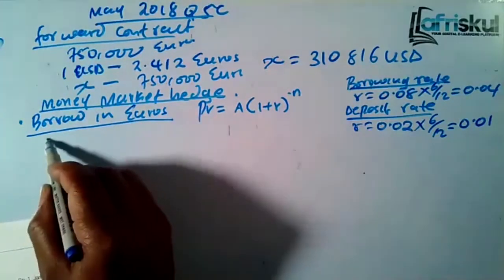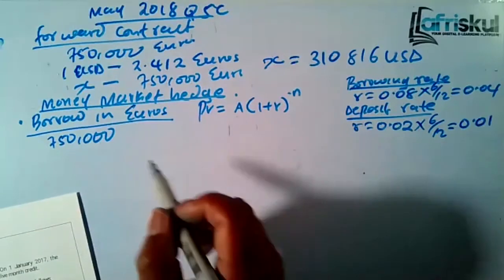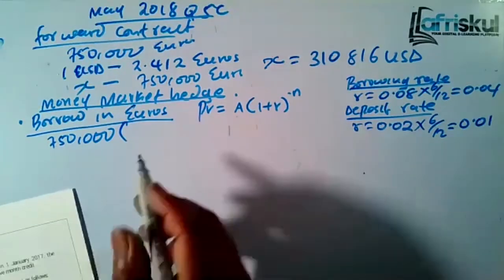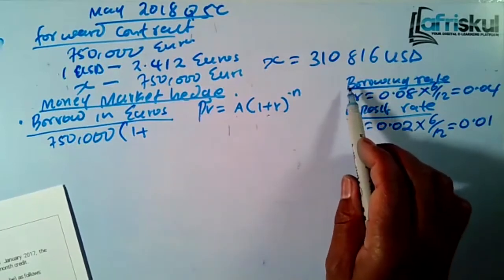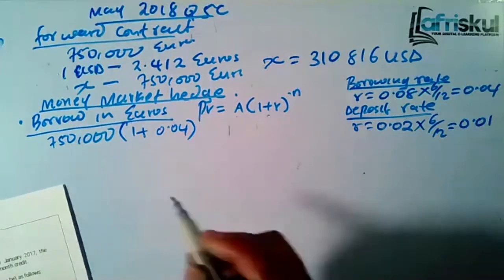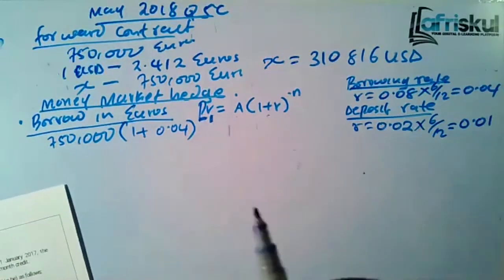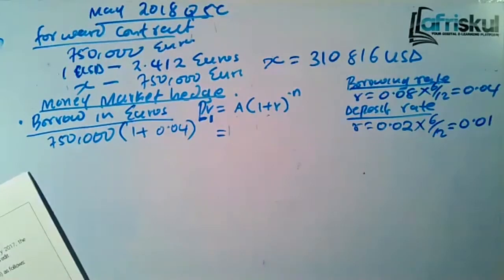We are supposed to receive 750. That's the amount. Then you get its present value now. It's 1 plus the rate, since we are borrowing in euros, the rate is 4%, 0.04, raised to the power negative 1. By doing that, how much will you get?